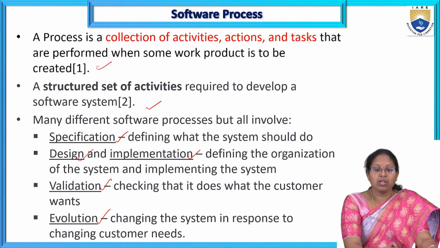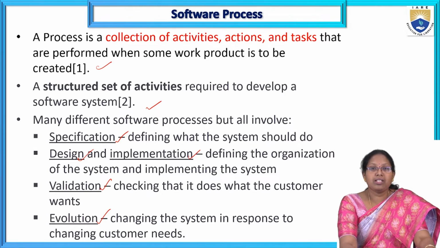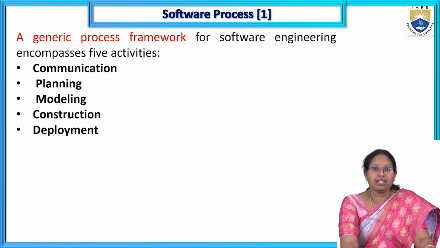In almost all cases, changing the system in response to changing customer needs is handled by evolution. So these are the major different activities the software process consists of.